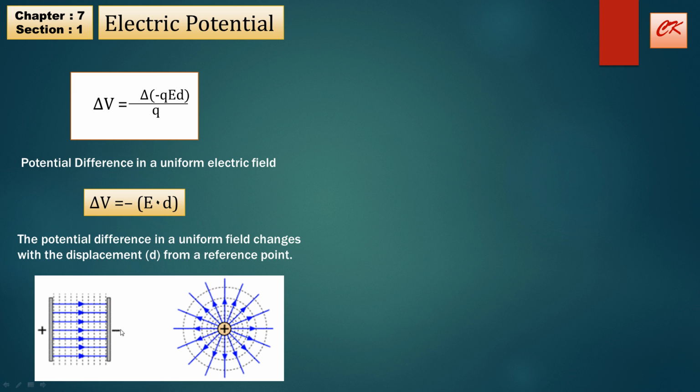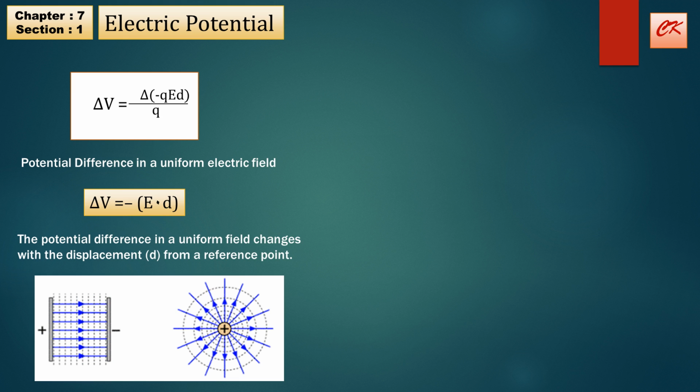Here is the positive side, the negative side, and the electric field goes to the right. This is a uniform electric field, meaning that at every point of the field, the electric field is constant. For example, if the electric field is 5 Newton per coulomb, in every part of it the electric field will be the same, constant, 5. It is like our g. g is 9.81 in every part.